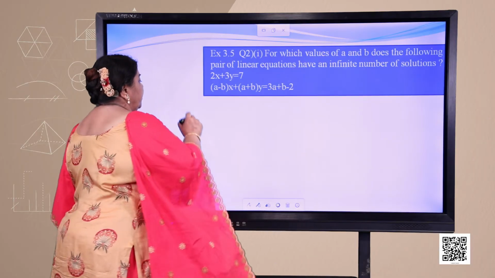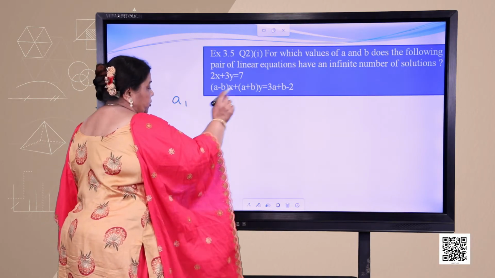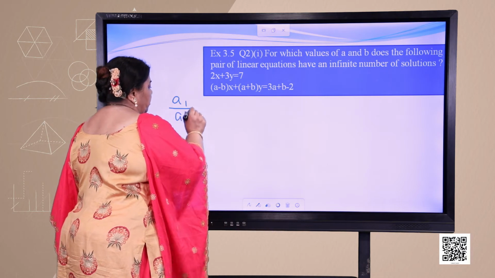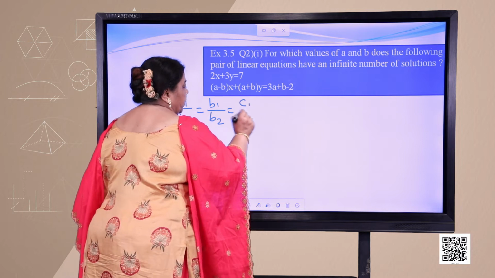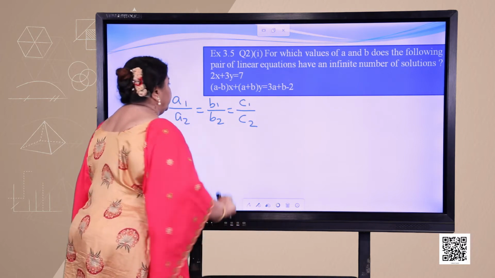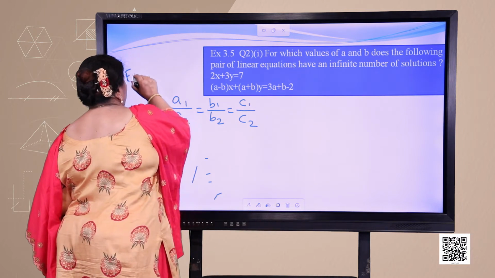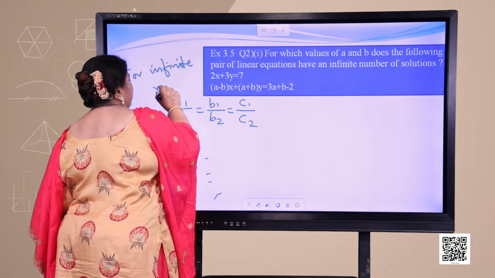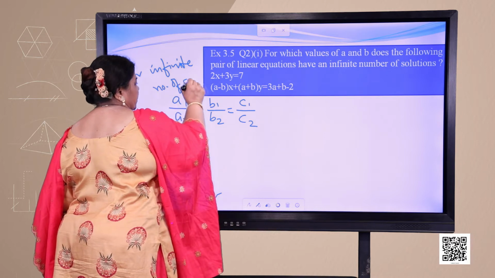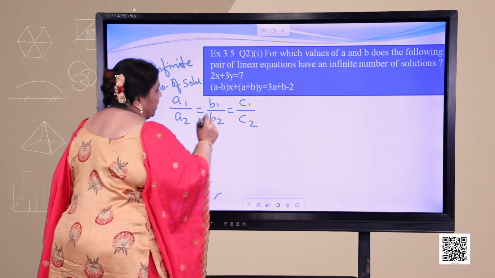What is the condition here? For infinitely many solutions, a1 upon a2 is equal to b1 upon b2 is equal to c1 upon c2. This is for infinite number of solutions. Now, what is a1?